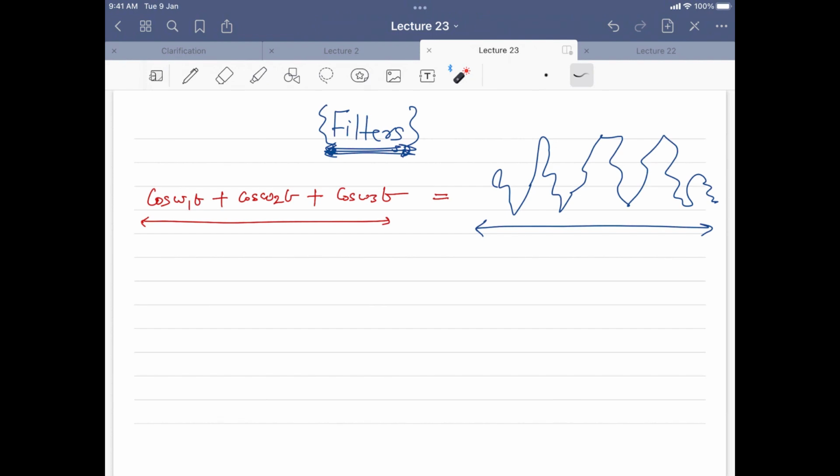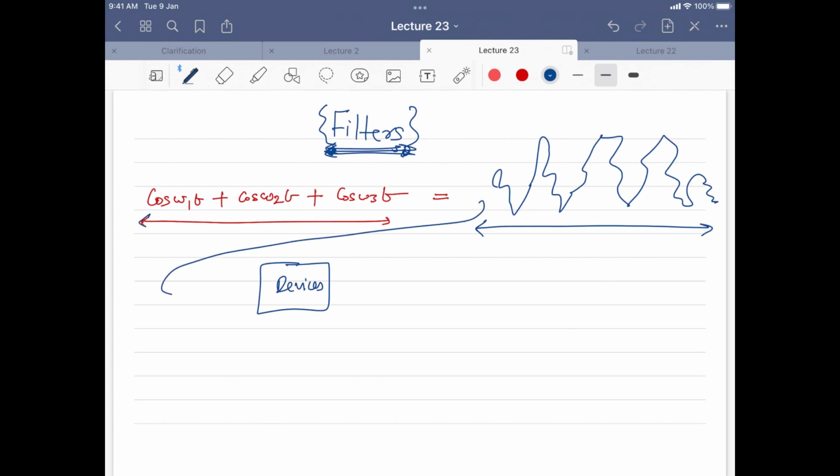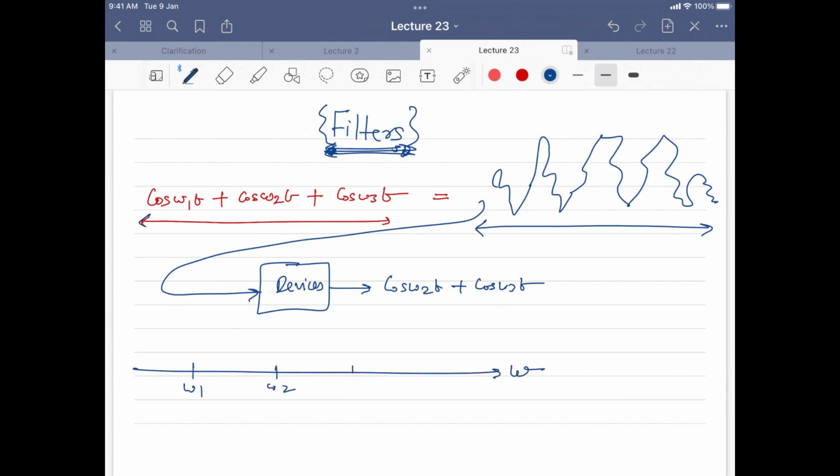For example, if I create a device in which I pass this waveform, then it should give me output as cos omega 2t plus cos omega 3t. Note that on the frequency scale, omega 1 is here, omega 2 is here, and omega 3 is here, in increasing order. So omega 1 is less than omega 2, which is less than omega 3.